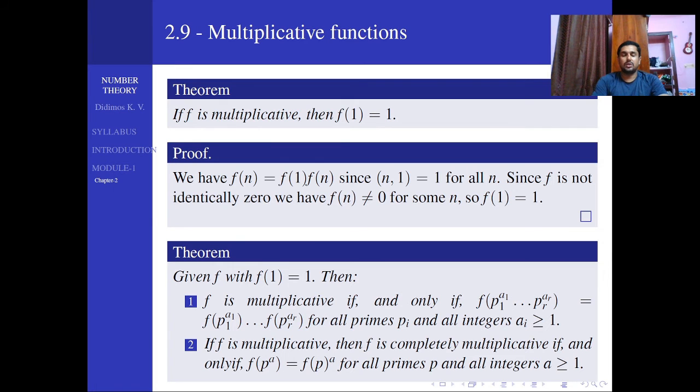Okay? So this can be considered as a characterization of multiplicative function. The next statement will give the characterization of completely multiplicative function, that is nothing but f of p raised to a is equal to f of p whole raised to a for all primes p and all integers a greater than or equal to 1.